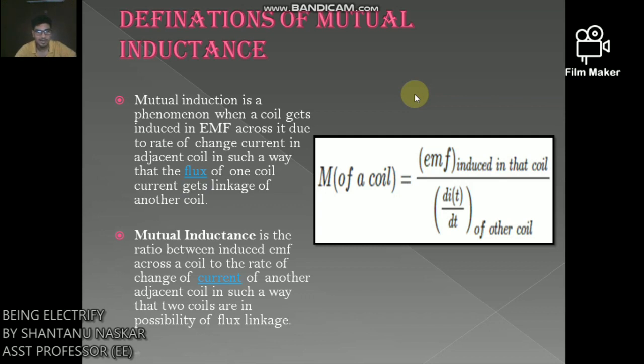But it is not practical that a coil gets linked only with its own changing flux. When a time varying current flows in another coil placed nearby the first one, then the flux produced by the second coil may also link the first one. This varying flux linkage will also induce EMF across the first coil.